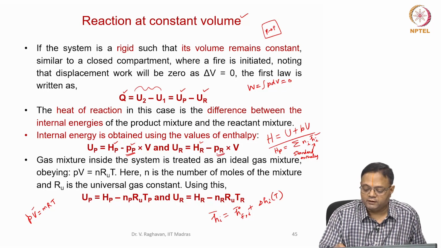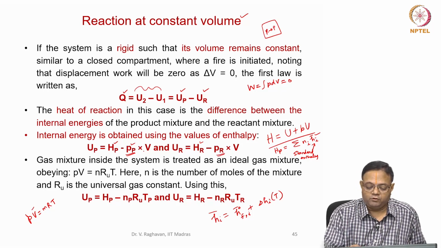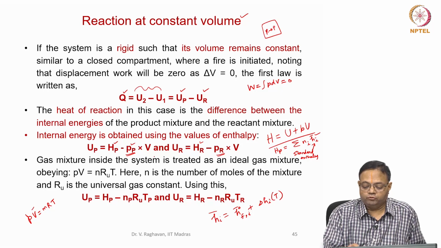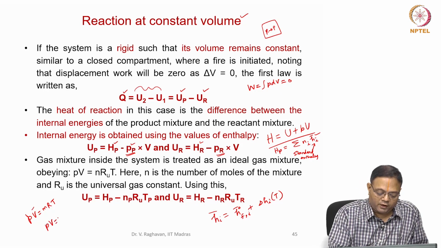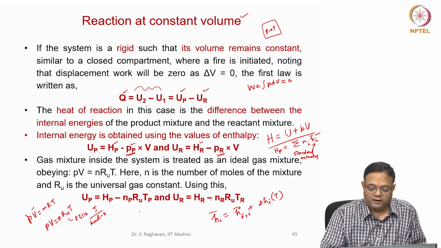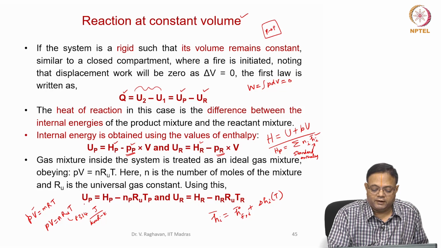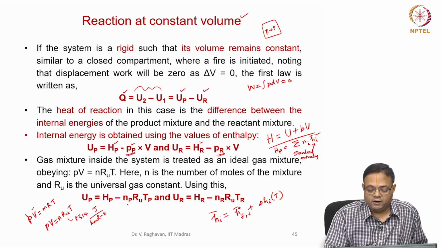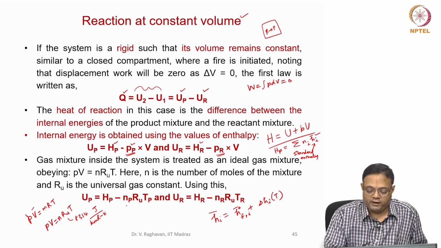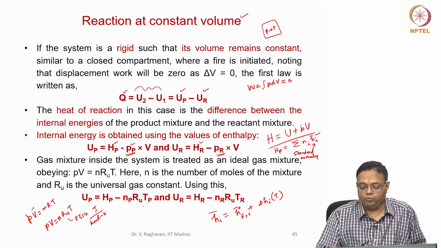Initial pressure of the reactant is PR. V is constant, so P into V. So you can calculate this, or you can invoke PV equal to N Ru T, where Ru is the universal gas constant, and find the internal energy of the products as Hp, the enthalpy of the product mixture, minus the number of moles of the product mixture Np into Ru into Tp, and so on.